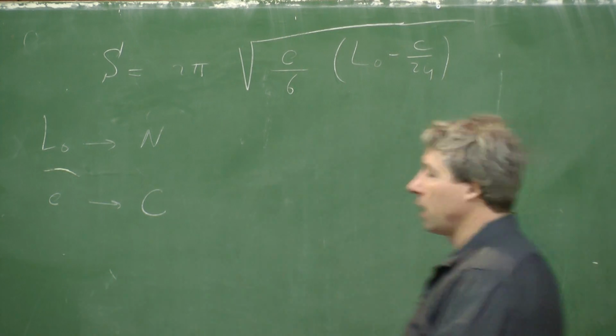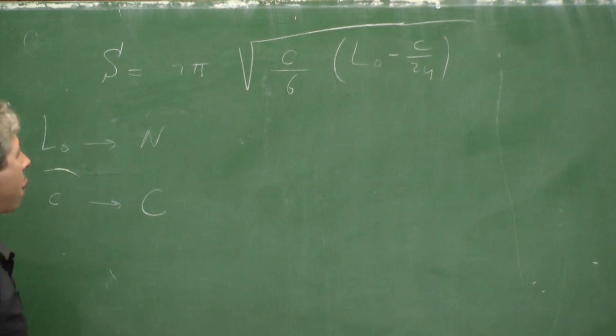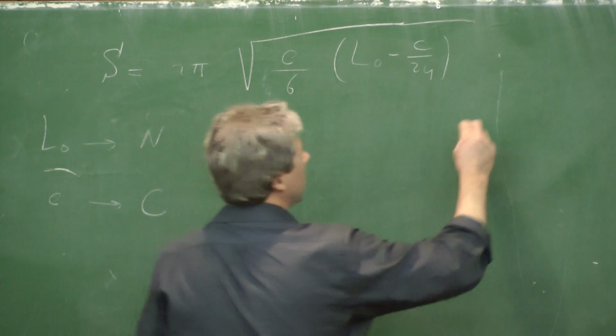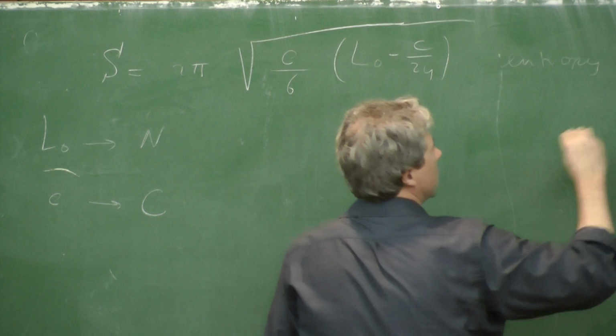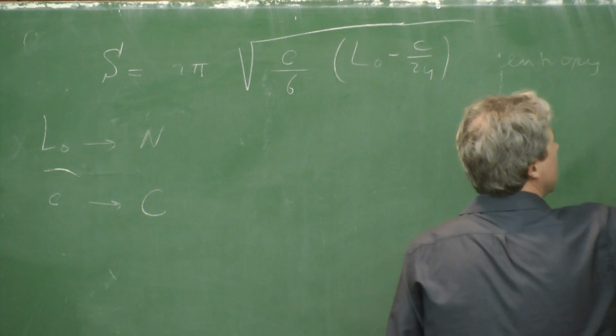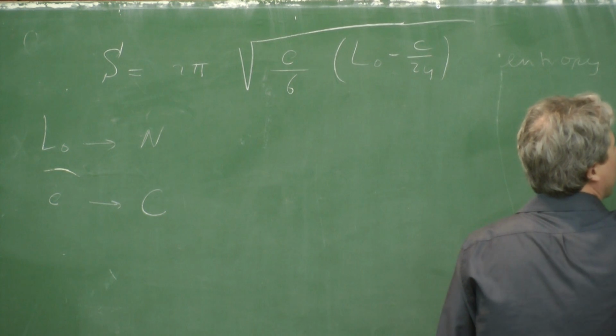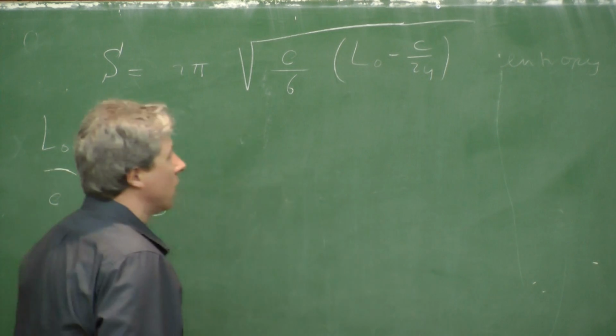So let me explain where this formula comes from. This is the entropy in a CFT with central charge C at level L naught. So how do you count that?